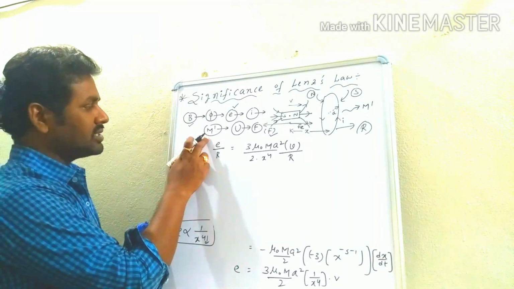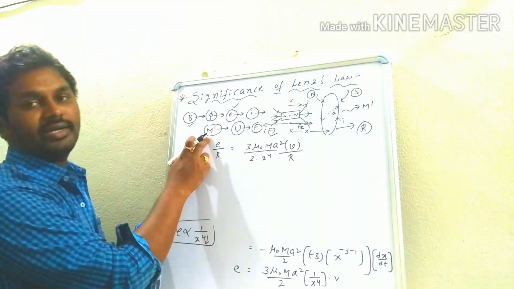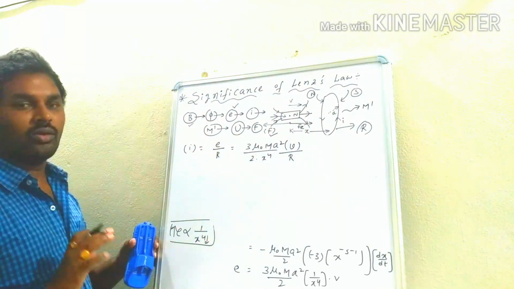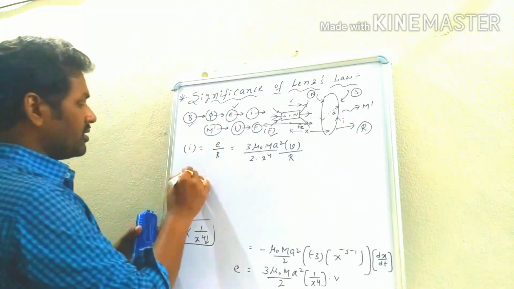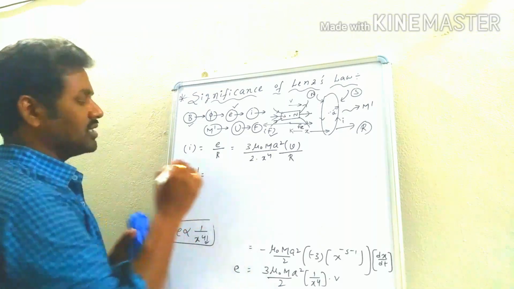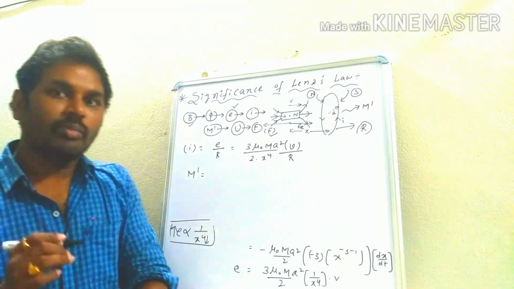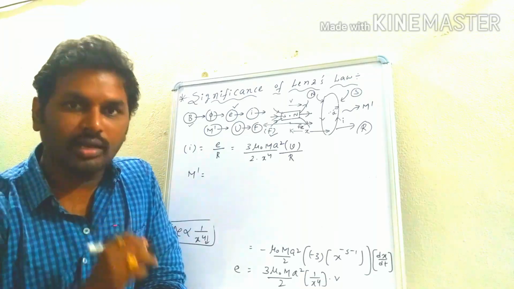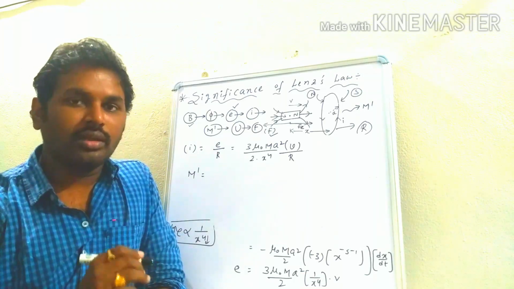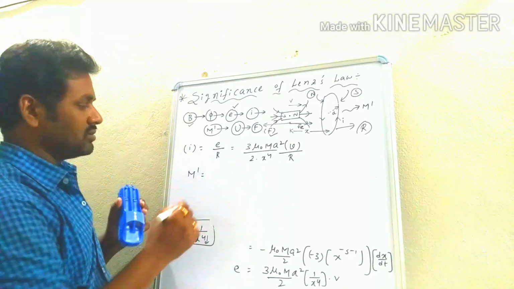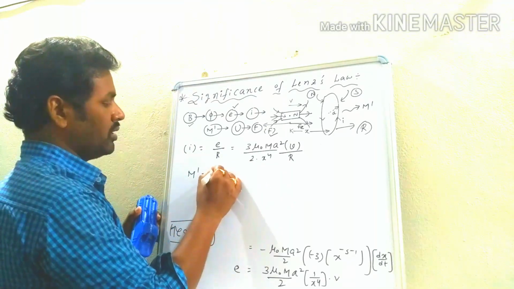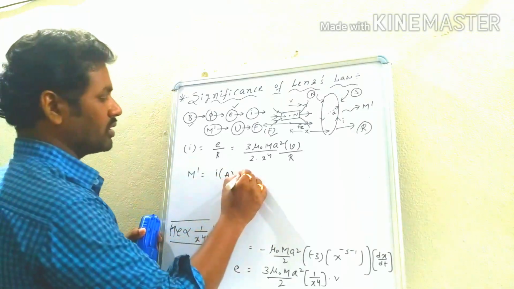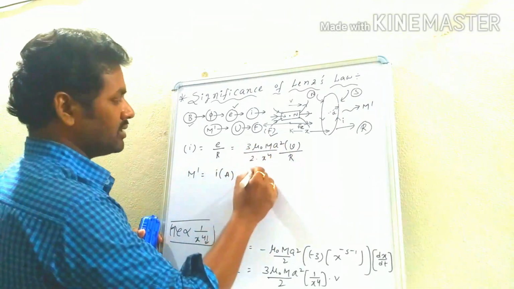And the next step is to find the magnetic moment of this current carrying coil. For this, you can write M dash is equal to the current into the area of cross section, the induced current into the area of cross section of the coil. Check the entire thing.